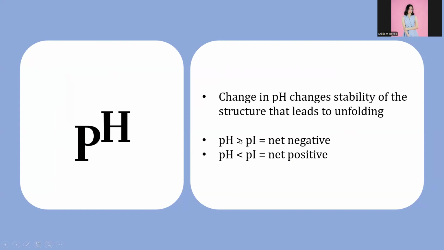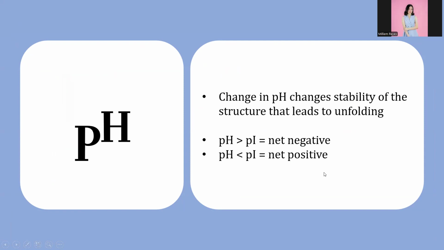That's why if the pH of the solution is more basic, basically when it's greater than the isoelectric point, the net charge of the protein will be more negative, while in a more acidic solution that's less than the isoelectric point, it will have a net positive charge.